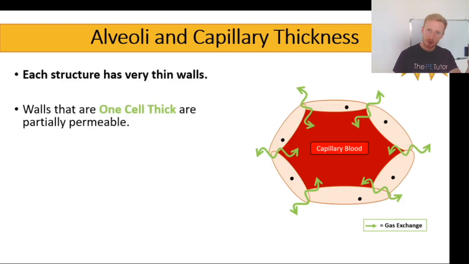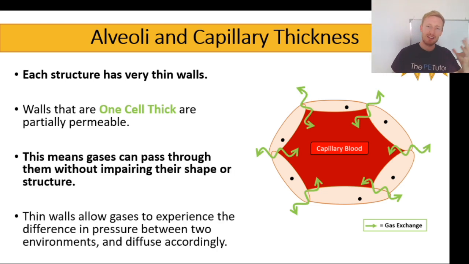Another factor to do with capillaries and alveoli is the thickness. Now, I know they've got nothing to do with magnetism, but just for analogy's sake, if you had a piece of metal and you had a magnet, the closer that magnet got to the piece of metal, the more likely it is it's going to have an effect on it and move the metal.